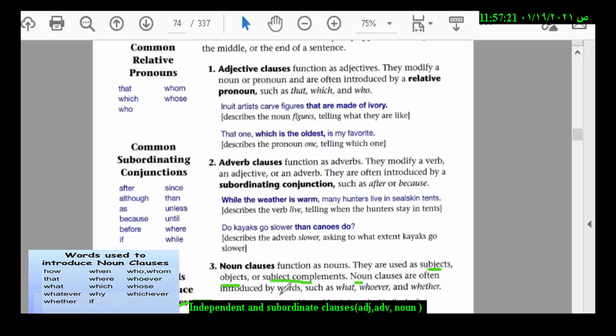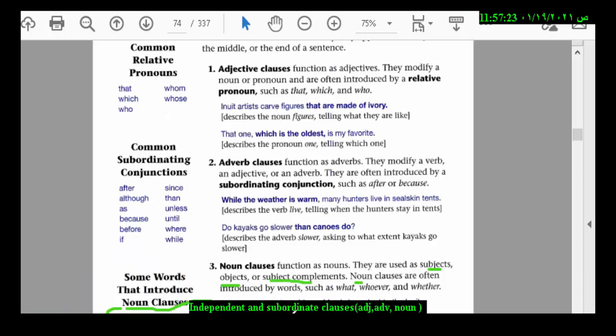Nouns are often introduced by these words. So, relative pronouns, they introduce adjective clauses, including also when and where. Subordinate conjunctions, these ones, they introduce adverb clauses, and these conjunctions, they introduce noun clauses.